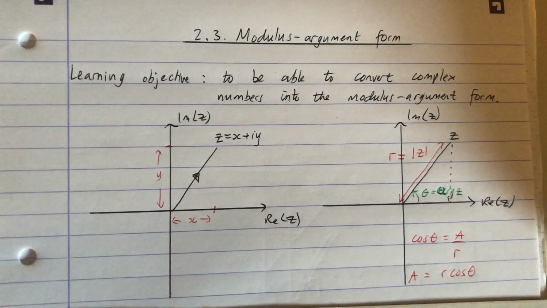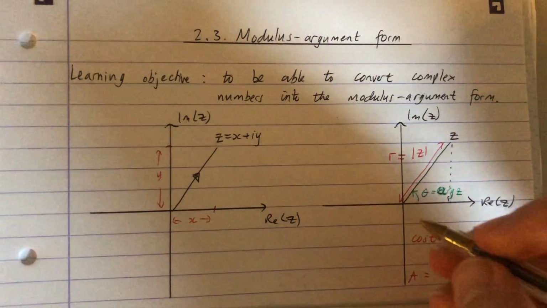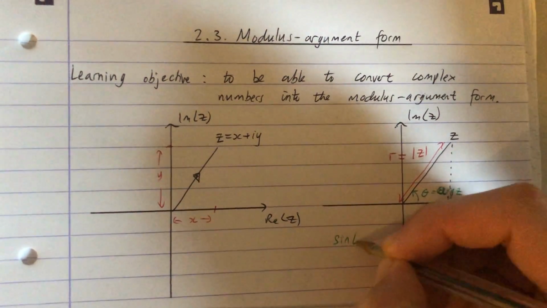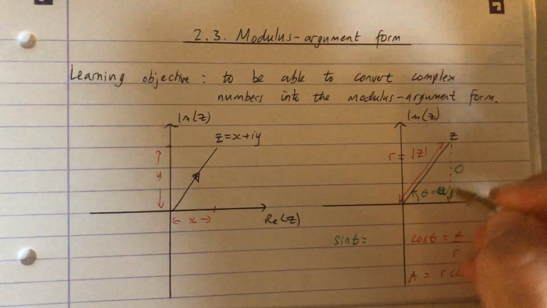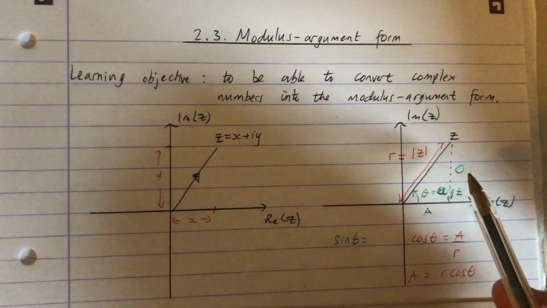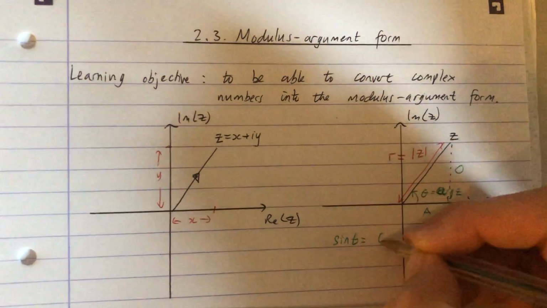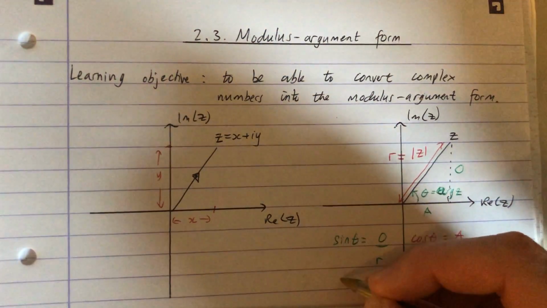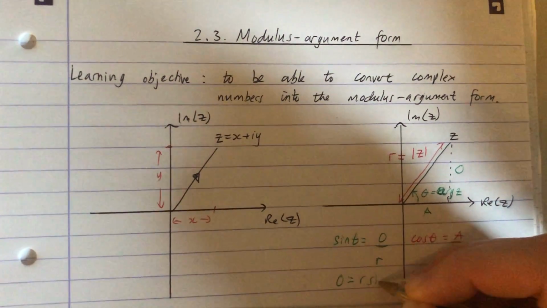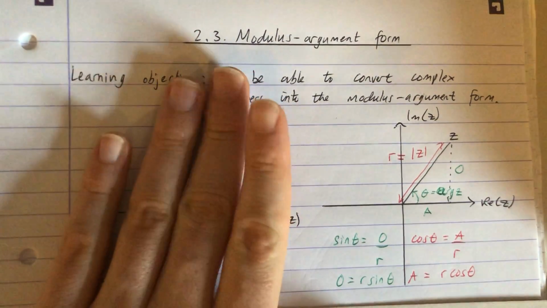Okay, let's suppose I worked out the opposite side. So opposite and hypotenuse is sine. So sine theta, I'll just label these on for you by the way, O and A. Opposite and hypotenuse is sine, so that would be O over R. And if you made O the subject, you'd get R times sine theta.